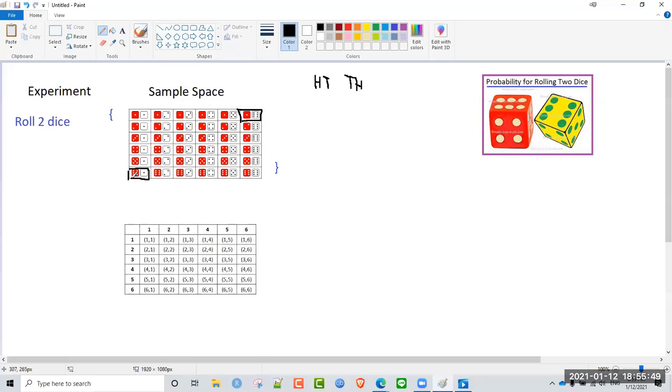So this one means you got a 6 and a 1, a 6 on the first one and a 1 on the second. And this means you got a 1 on the first one and a 6 on the second. Or you could say a 1 on the red one and a 6 on the white one, whatever. So these are not the same, just like these are not the same.